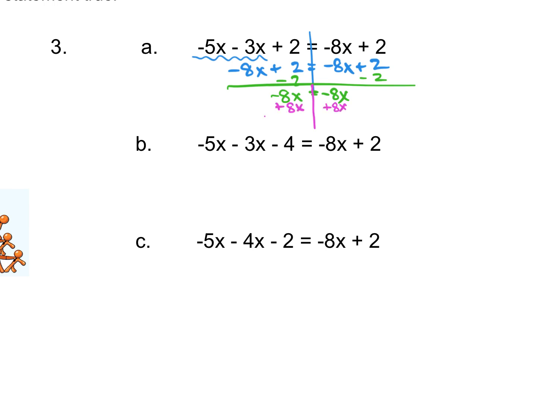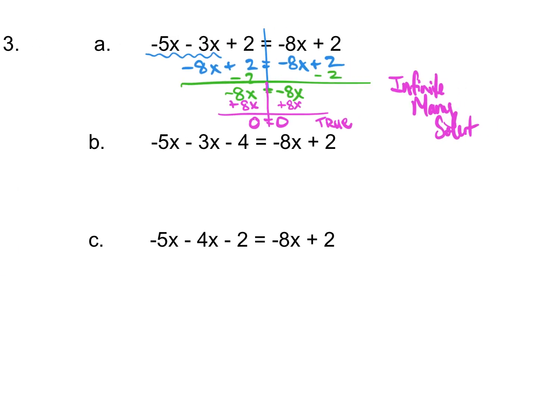So what happens here? Notice I have 0 equaling 0. So can 0 equal 0? Is that a true or false statement? This is true. So what does this mean? It means it's true for all values, or I'm going to say infinitely many solutions. I like that a little bit better. Infinitely many solutions. Meaning there's all different numbers I can put in for x that makes it work. I think that answer makes a little bit more sense.